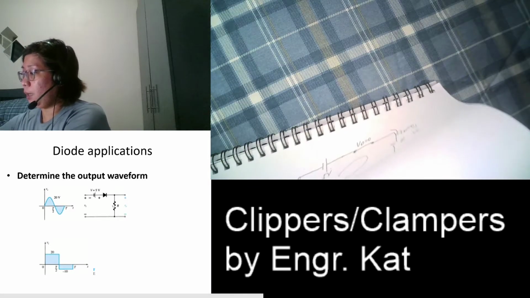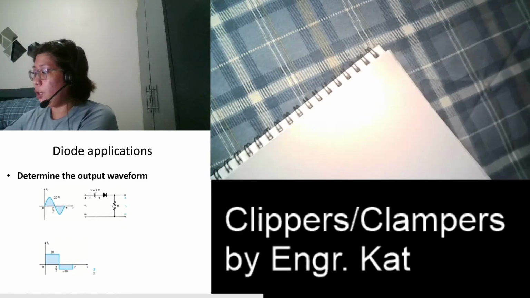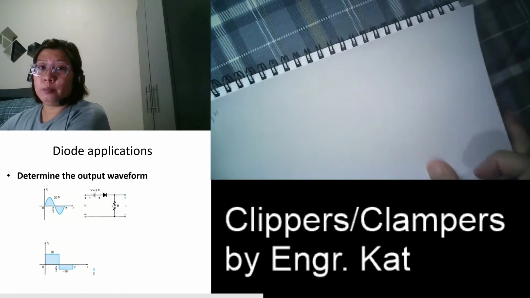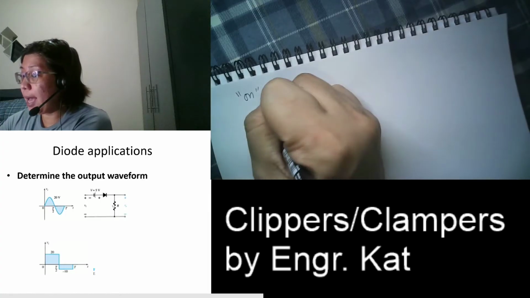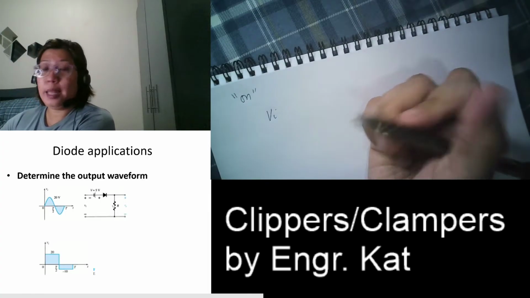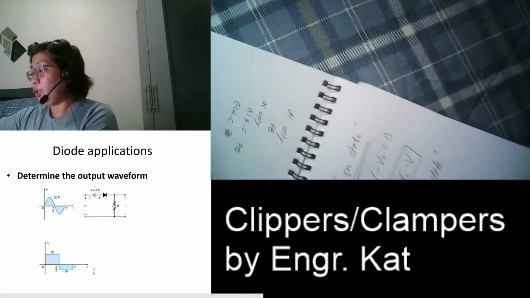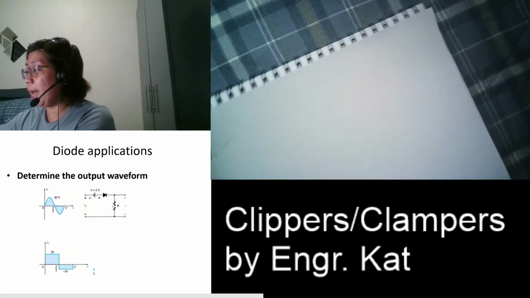When your diode is in the on state, we compute again. So what do we have? We have VI, and then plus 5.